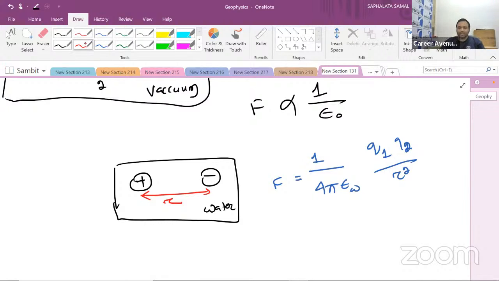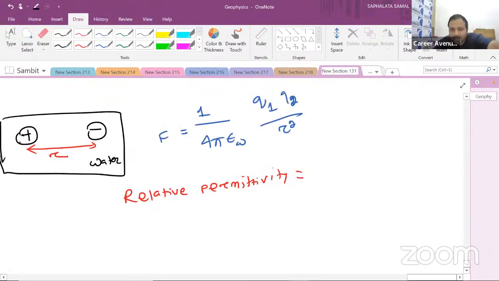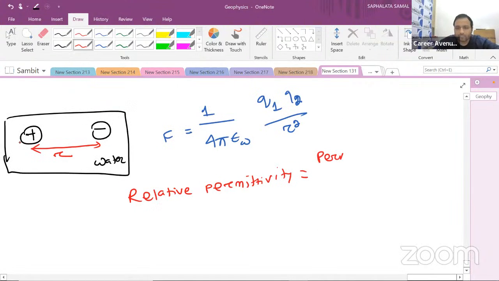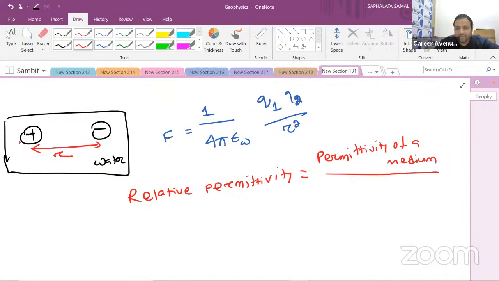That is something called the relative permittivity. Unitless, because it's a ratio between the two permittivities, which is equal to the permittivity of a medium divided by permittivity in the vacuum.